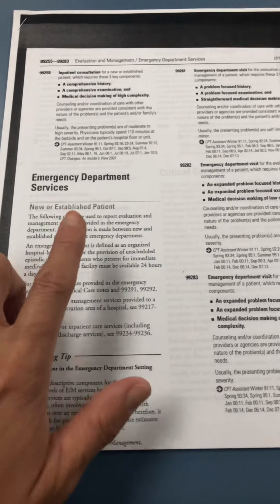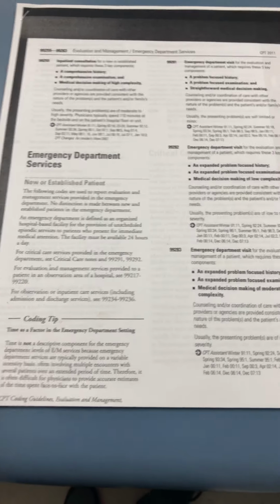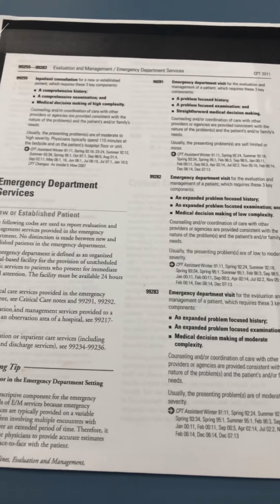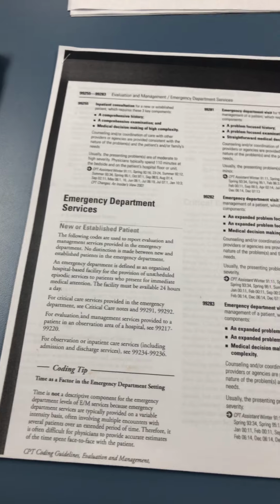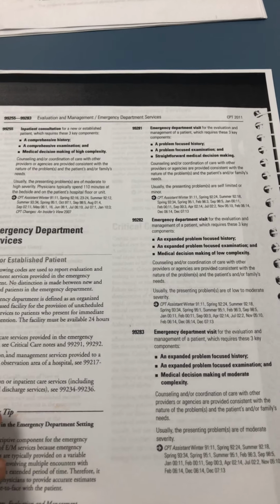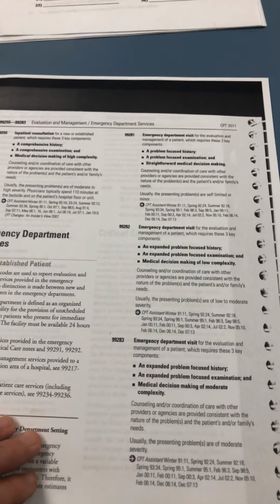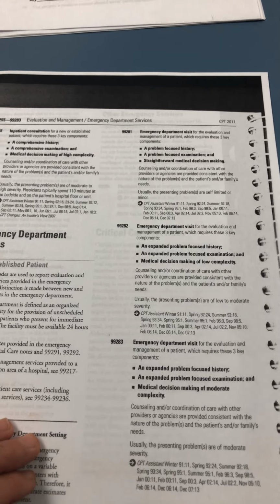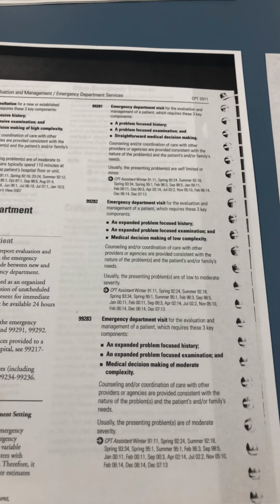So we're going to go under emergency department services, and we're going to look for that information that is listed on there. What did they do for that patient? What type of exam did they do, so that we can find the correct code that is going to be there? So they did a comprehensive history, a comprehensive exam with a complex decision, okay?